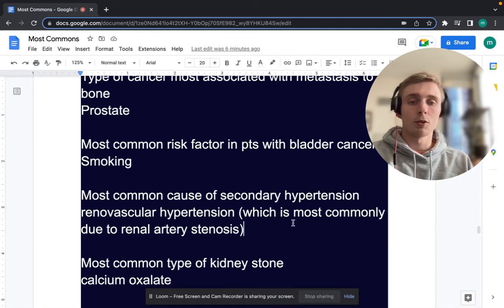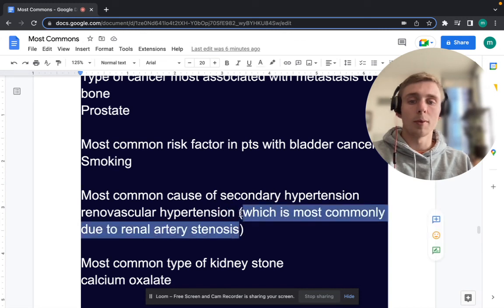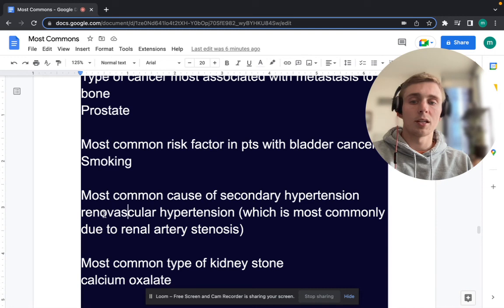So you want to think of those if it's a younger to middle-aged woman with secondary hypertension and an abnormality with their kidneys. Renal artery stenosis would be a little bit older, because stenosis is like a plaque buildup decreasing the flow. But if they're a young to middle-aged female, think about fibromuscular dysplasia with the tortuous renal artery.